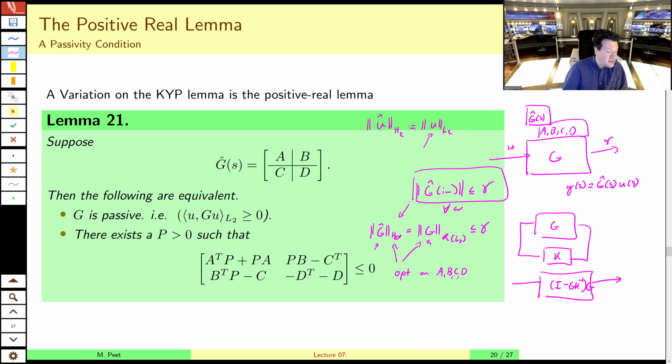And that defines a notion of passivity, right? Inaction, if you will, a relationship between the input of the system and the output, and particularly that the input and the output of the system, when you take the inner product of those two, it's greater than or equal to 0, right? So if you have the input of the system, inner product with the output, that's greater than or equal to 0.